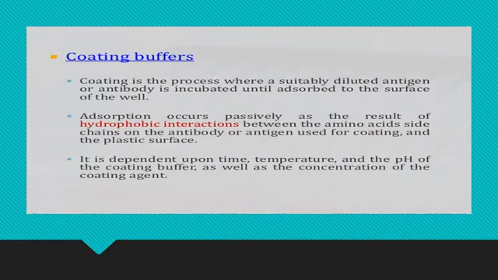إذن هو حيصير عندي hydrophobic interaction between الانتيبودي or الانتيجين، يعتمد احنا شنو هنسوي coating على البليت with the plastic surface of the plate.